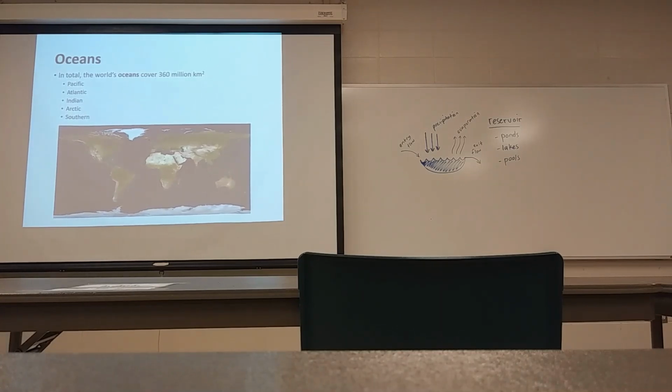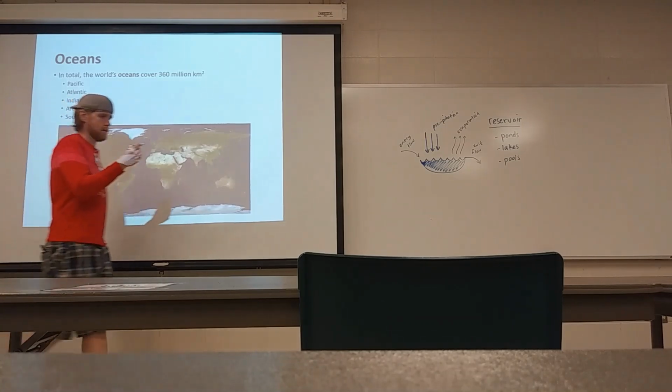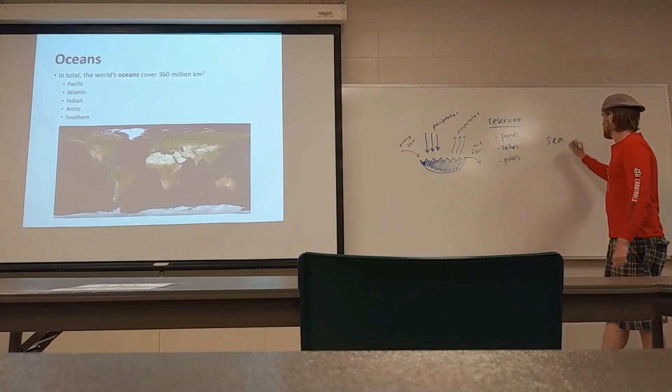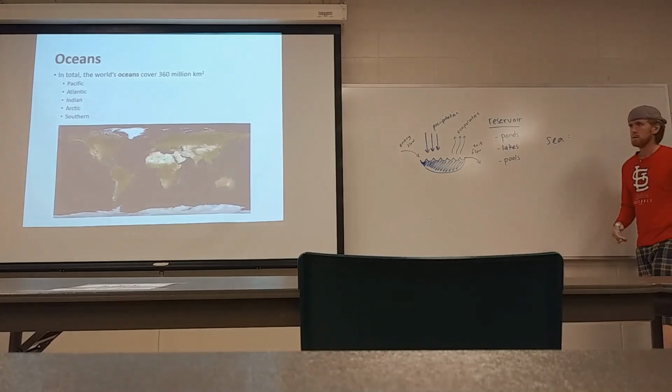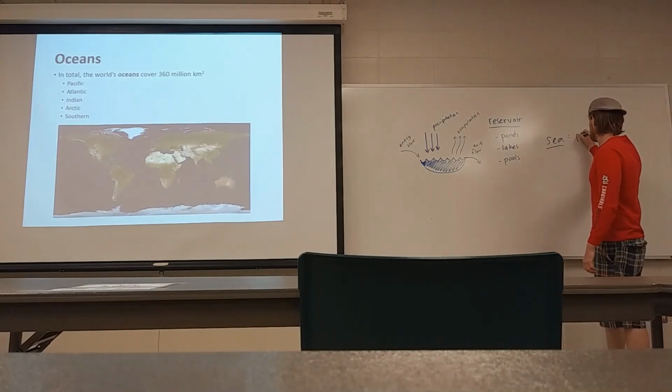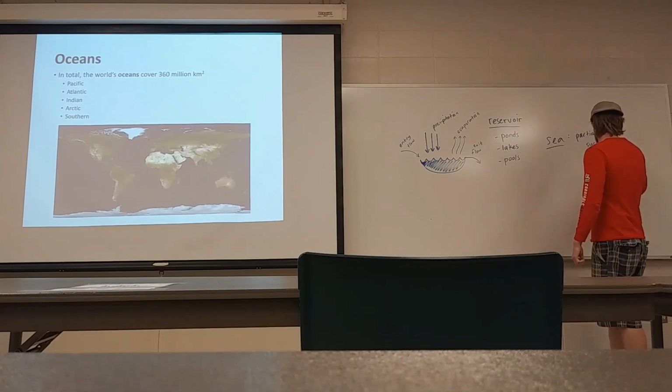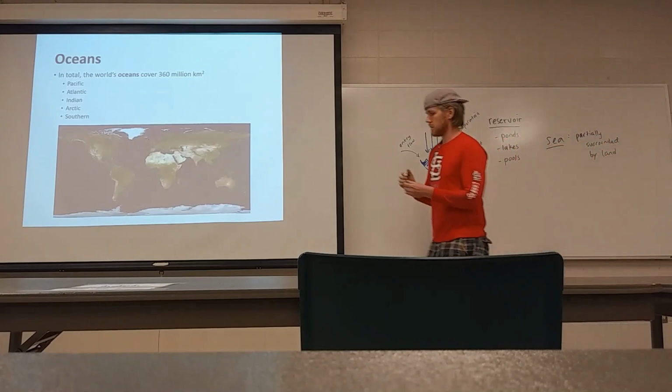What's the difference between an ocean and a sea, by the way? I know you've heard of both terms, but seas, we think they're smaller, right? Smaller and partially surrounded by land. So the oceans are much larger, seas are smaller, seas are partially surrounded by land.